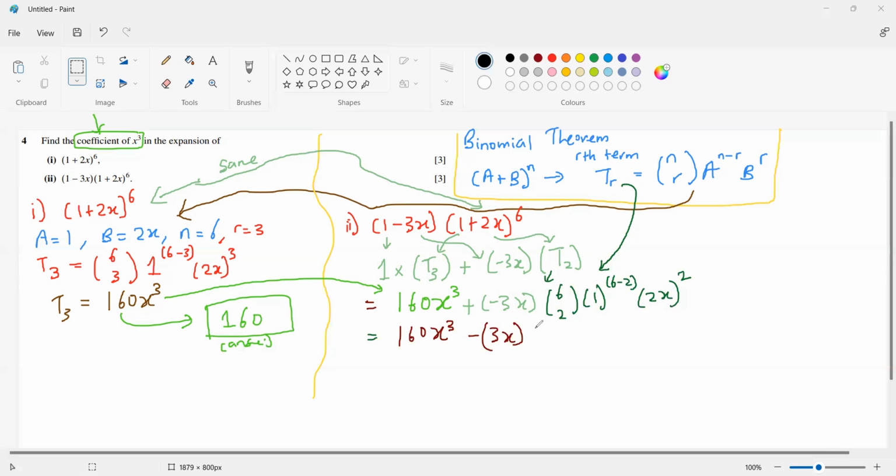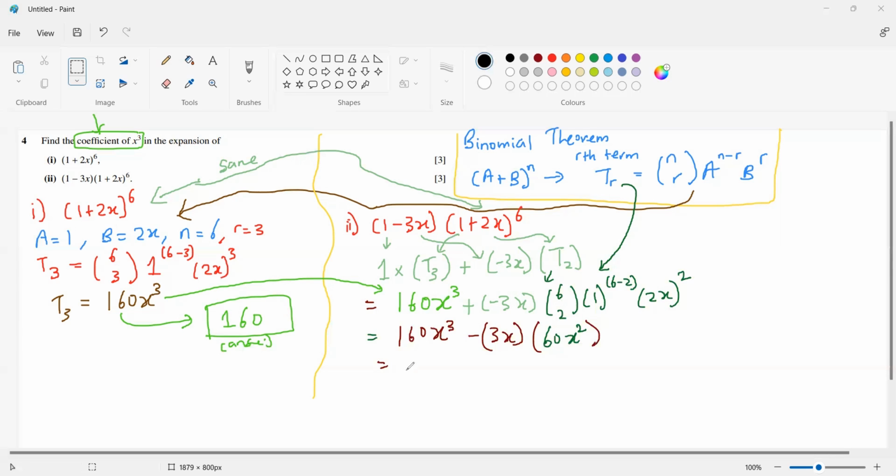Negative 3x. Let's put this green part entirely in a bracket so that it's easier to calculate separately. So 6 choose 2 multiplied by just 2 squared, because 1 to the power of something is just 1. You would get 60 here, and then there's an x squared. Now it makes sense. Everything seems to add up.